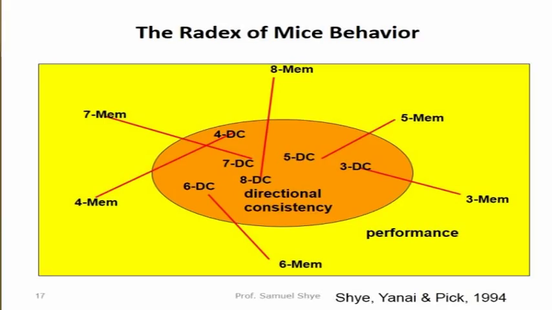Lo and behold, a radix was found analogous to the human intelligence radix. You can see here that all the directional consistency, which we interpret as rule application, are inside a circle, while all the performance, which corresponds to memory, to sheer memory, are outside.